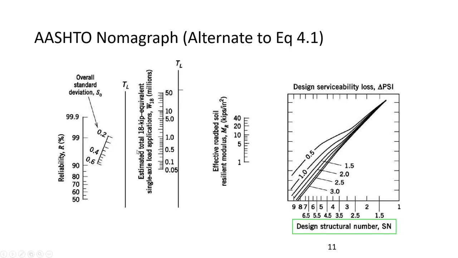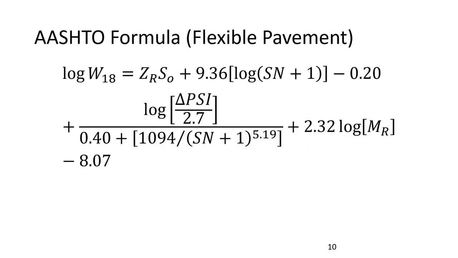You can also solve this number using a nomograph, which is a fun way to do it. You don't see that very often anymore, but it's still a fun way to do it. Coming back in here, SN is your structural number. That's directly going to apply to how deep your pavement is, right? And if you look at this big, long equation, you see you've got a structural number here, and a structural number here, and here's your change in serviceability index and so forth.